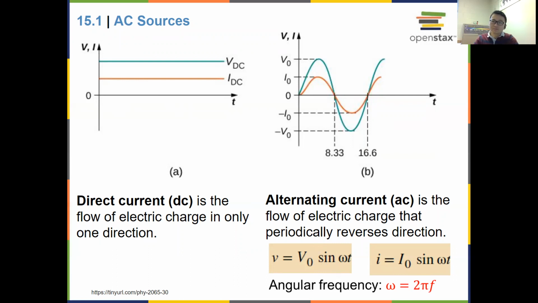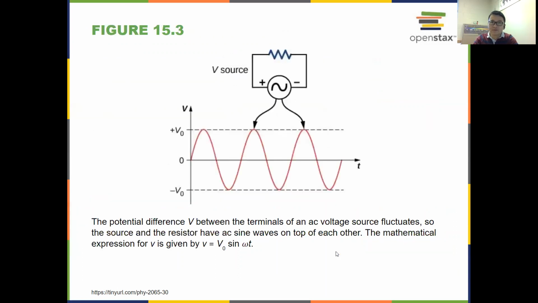In some textbooks, you might see people writing the voltage as a cosine function, and the current as a sine function. If you have a resistor in the AC circuit and the voltage is a sine function, the current through it will also be a sine function. Here V naught is the maximum value.